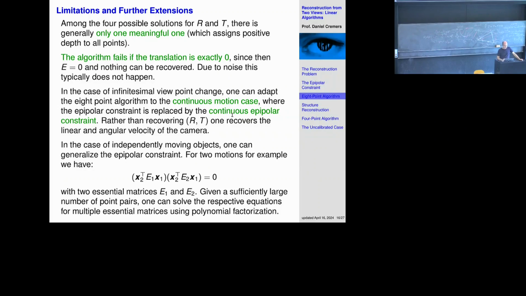And then you recover not rotation and translation, but you recover what's called linear and angular velocity of the camera. So from two consecutive images from a moving camera, I can estimate the linear and the angular velocity.